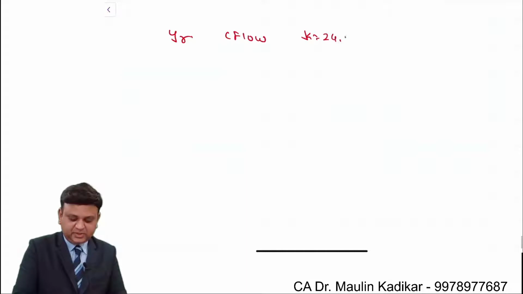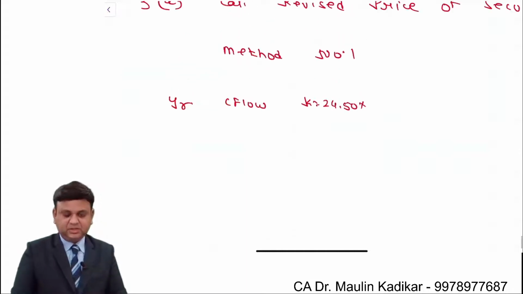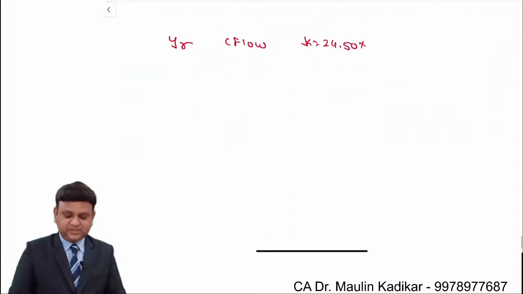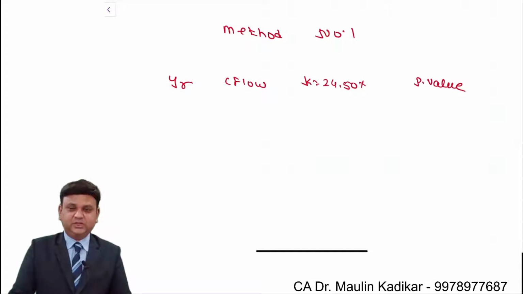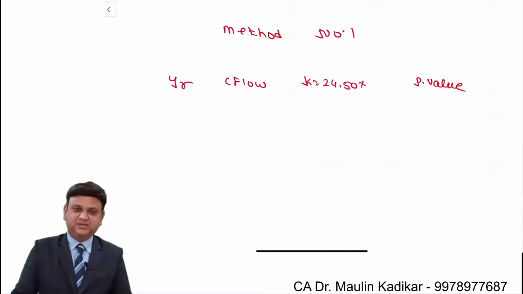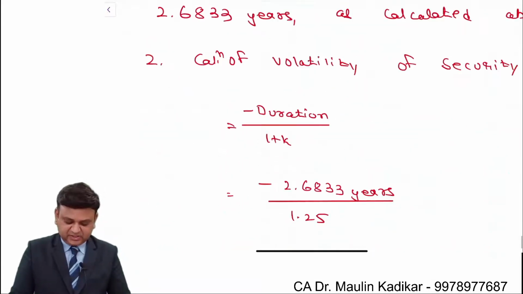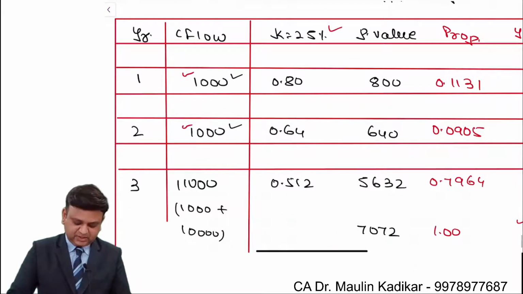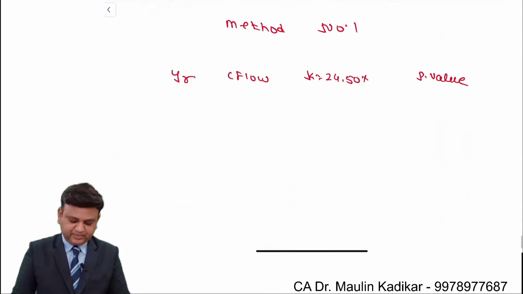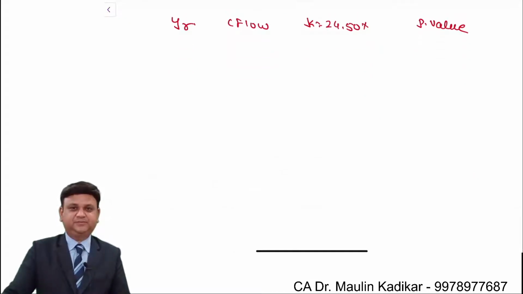Column number 3 is the cash flows discounted in present value term at 24.5%. We compute the present value, and the present value of the future cash flow is the price. As far as the cash inflow is concerned, we already have found it: 1,000, 1,000 and 11,000. With that, we can calculate the answer. Try to complete the answer, then I will do the answer for you.